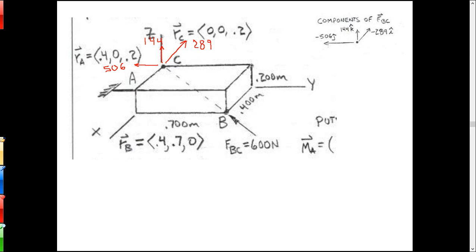Now we're going to do this visually first, and look at how those different components of force would affect point A. What's that 144 going to do? What kind of moment will that cause about point A?